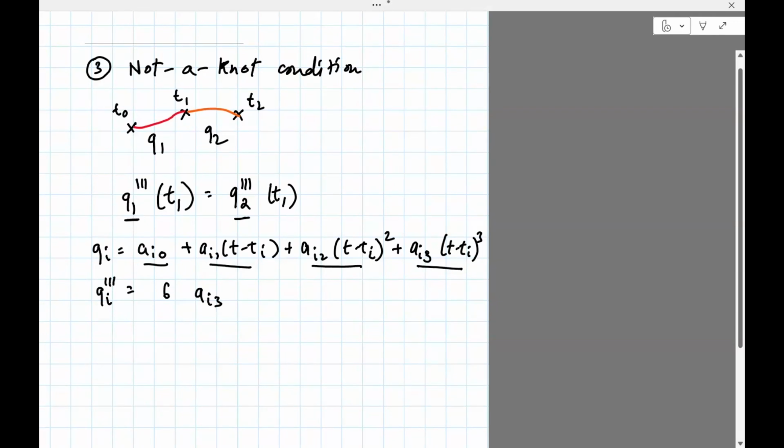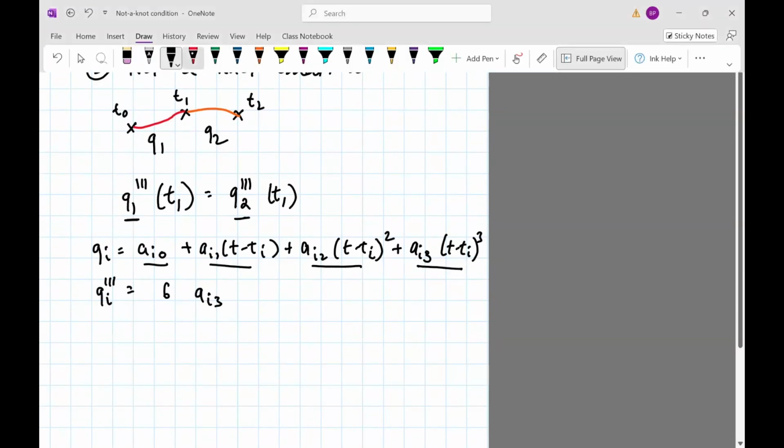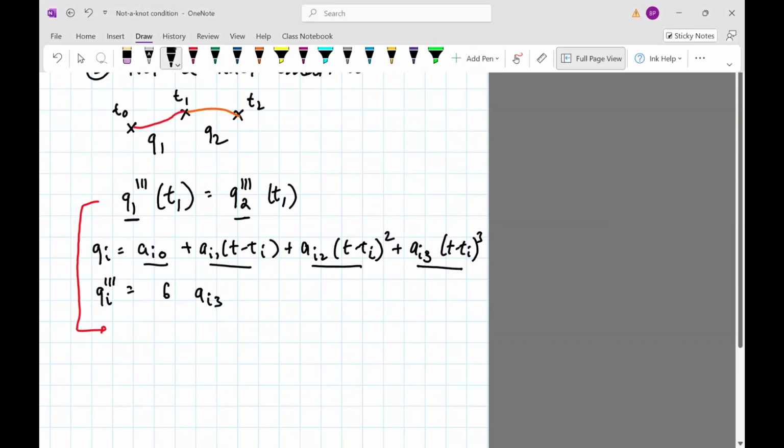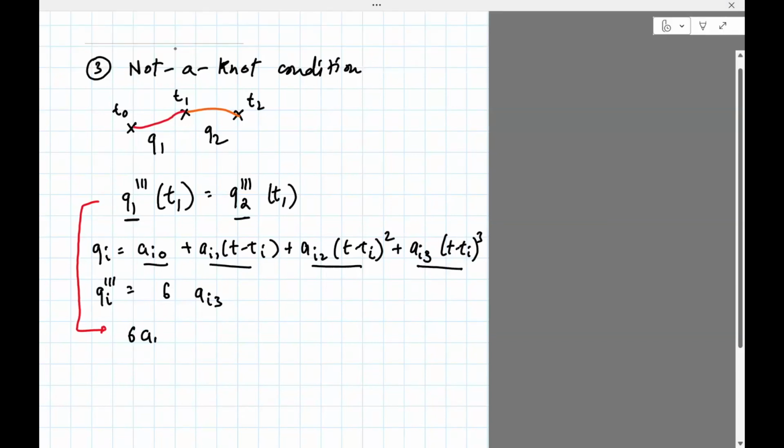So what this condition is saying is that 6 a13 is 6 a23. So you just basically equate the two.